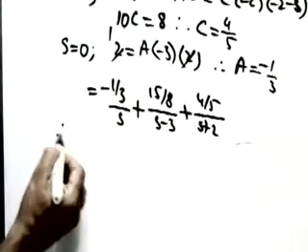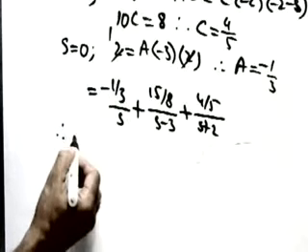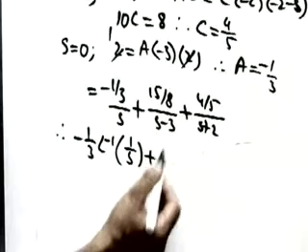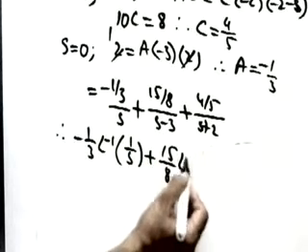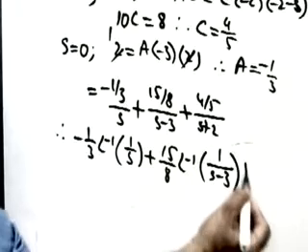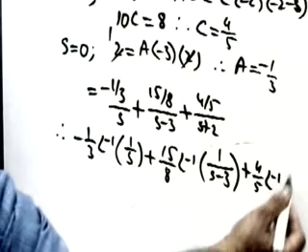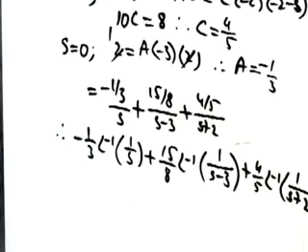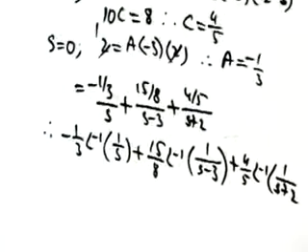Now we find how to find the Laplace inverse of this. Therefore Laplace inverse, you take out minus 1 by 3 outside: Laplace inverse of 1 by s, plus 15 by 8 Laplace inverse of 1 by s minus 3, plus 4 by 5 Laplace inverse of 1 by s plus 2.